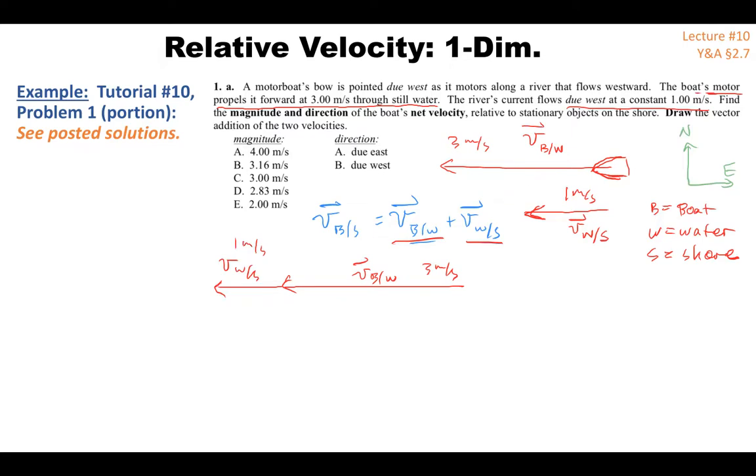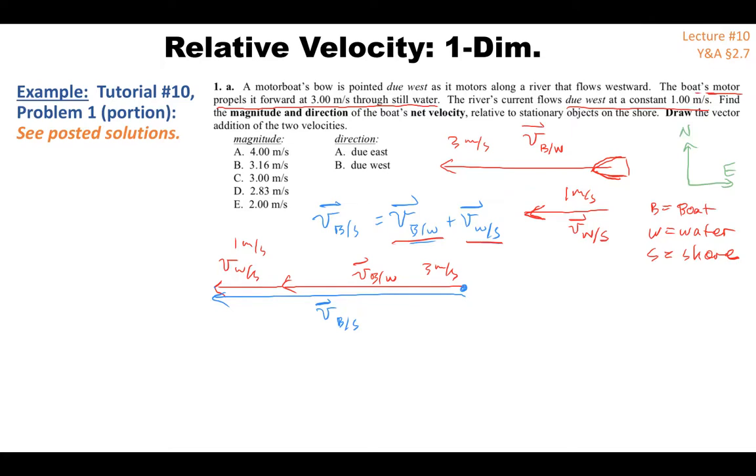And I'll just change color here for the sum. The vector sum is the vector that goes from the start of the first vector to the end of the last vector, like this. So this is the velocity of the boat with respect to the shore. Now, this is really the triangle method, only this is a triangle that's squashed flat because it's just one dimensional. So there's no height to our triangle.